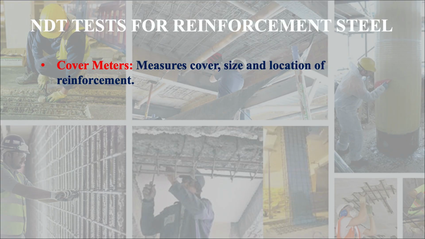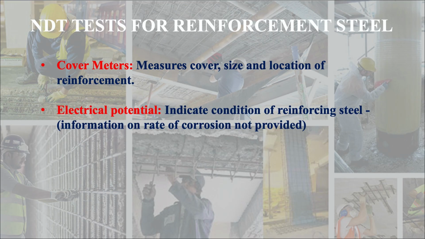Now, non-destructive tests for reinforcing steel. For steel, there are different NDT tests. One is the cover meter. It measures cover, size and location of reinforcement steel. Then electrical potential indicates the condition of reinforcing steel.